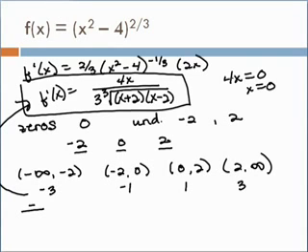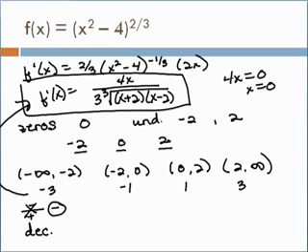A negative times a negative is a positive, and the cube root of a positive is a positive. So the whole thing is negative there, and if it's negative in that interval, then that means it decreases. So the function is decreasing from -infinity to -2.